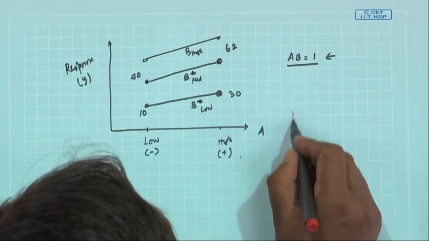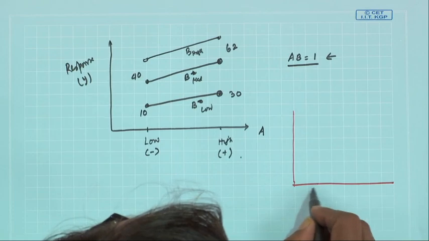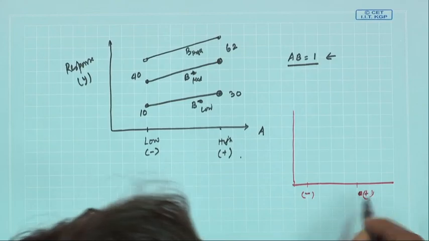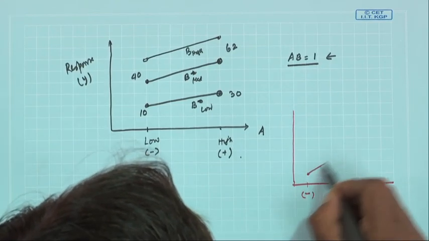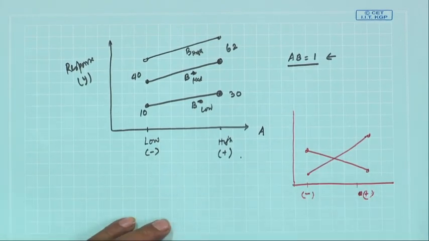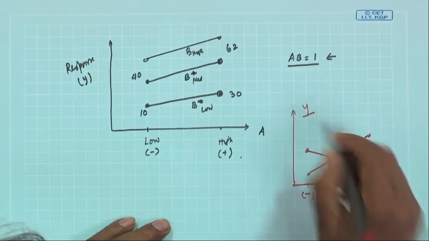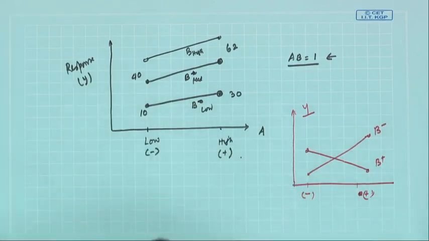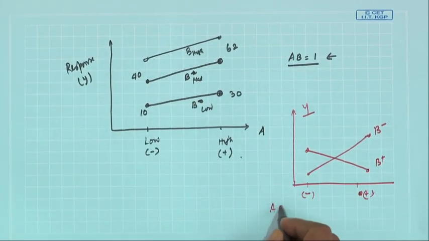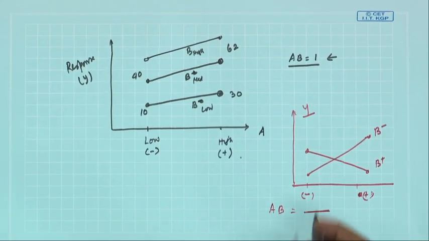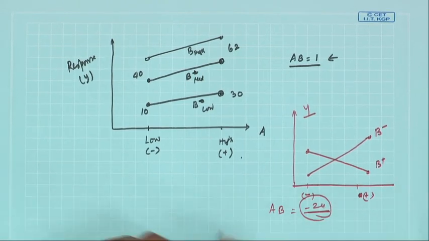When there is interaction, suppose A low to high you are making, so you will find out something like this, something like this. So, the response values, suppose this is B minus and this is B plus, they will interact, and then the AB value, that will be quite significant. In this case, it is minus 24, so it is a high value. Okay.